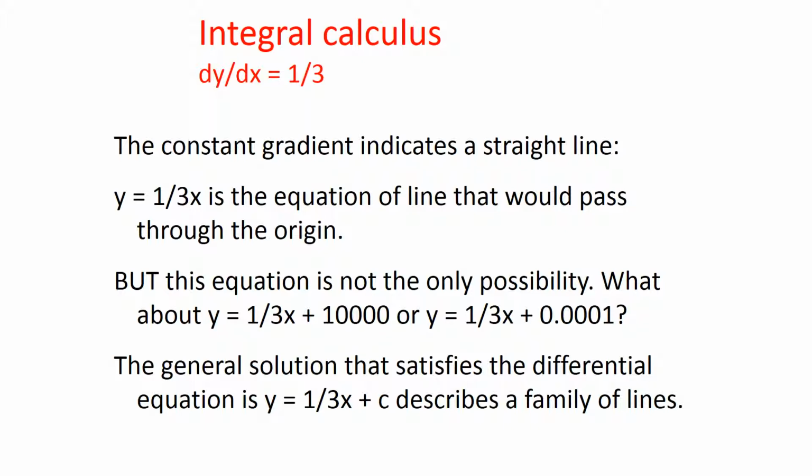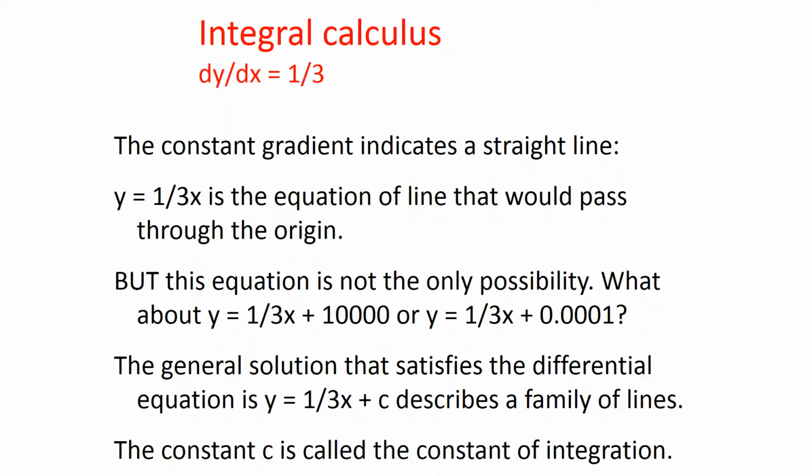So when you're integrating, you do the opposite of differentiation, and then you add c, some constant, and it's really important that you remember to add that c. And c is called the constant of integration because it is a constant when you do integration.